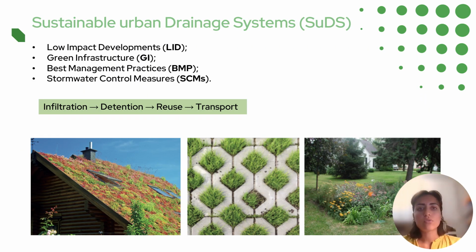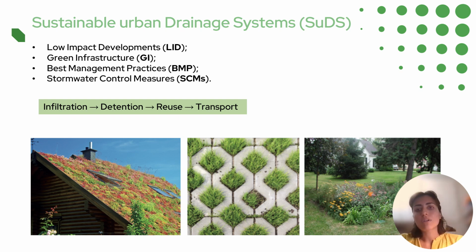Finally, I would like to introduce a modern approach, Sustainable Urban Drainage Systems, or SUDS. The main idea of them is to manage stormwater as close as possible to where it falls, instead of immediately channeling it into the sewer system. These systems include solutions such as green roofs, permeable pavements, or bioretention areas, which you can see illustrated here.